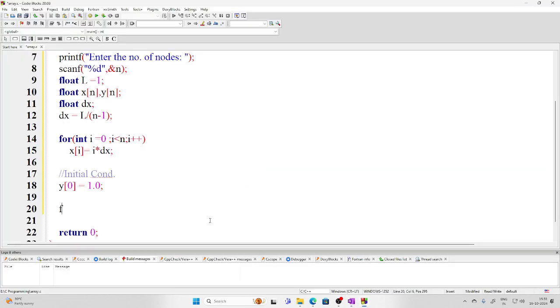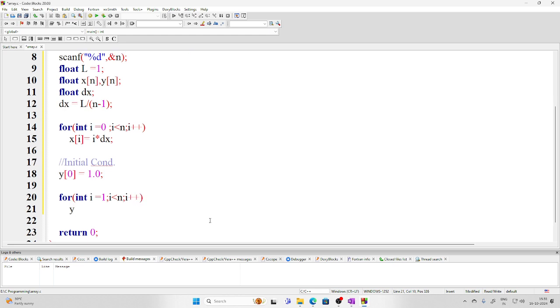So for int i = 1, i < n, i++, what you have to do is simply say y at the ith node will be equal to y at the (i-1)th node plus exponential of x at the (i-1)th node times dx.